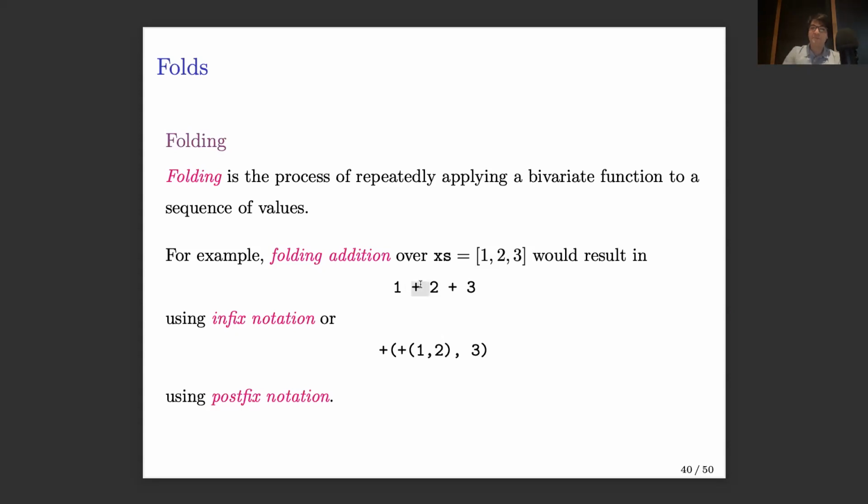When we use plus here, this is a notation for a function application. Which function application? This function application, right? 1 plus 2 is really a notation for give 1, 2 to the bivariate function plus. It's just notation.